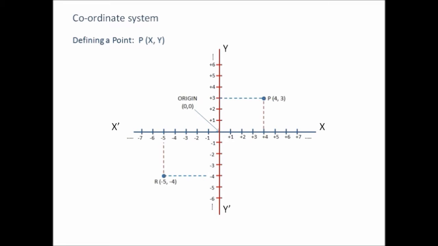Coordinate system defining a point. We can define any point on this coordinate system. To define a point, there is a format like this: P in bracket x comma y. It means the first value in bracket belongs to x and the second value belongs to y.